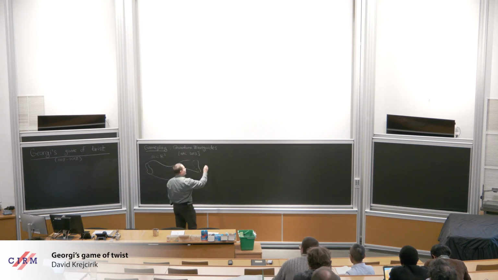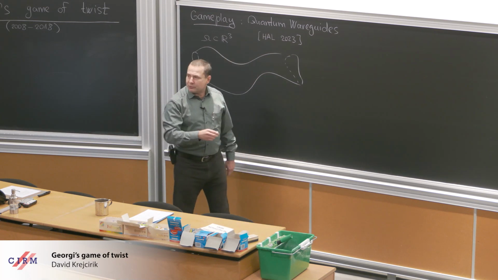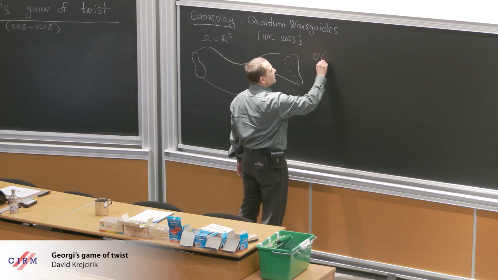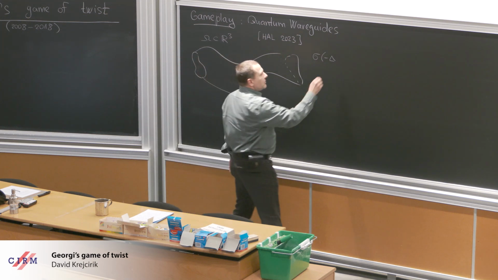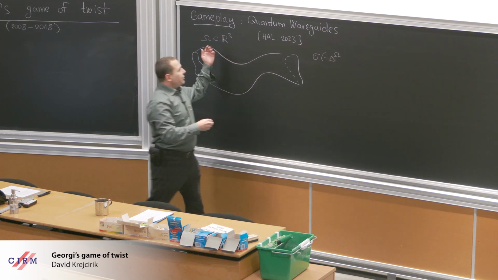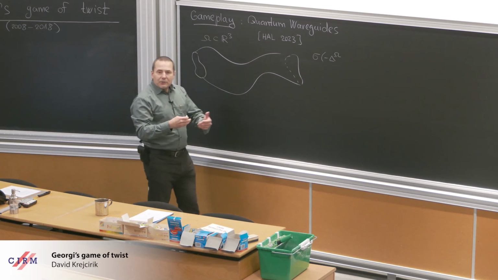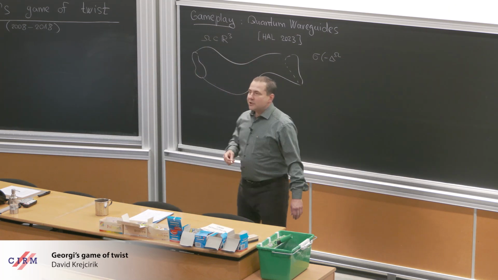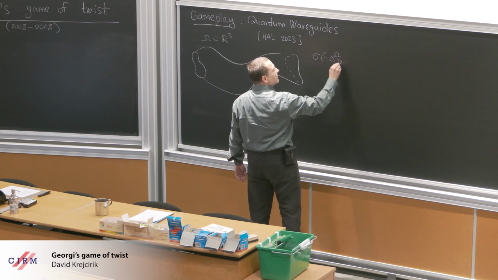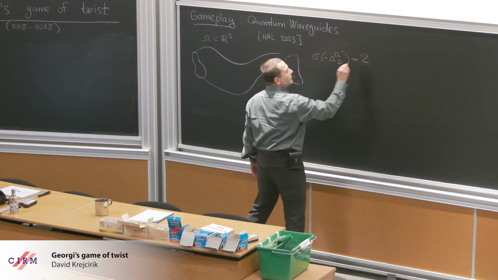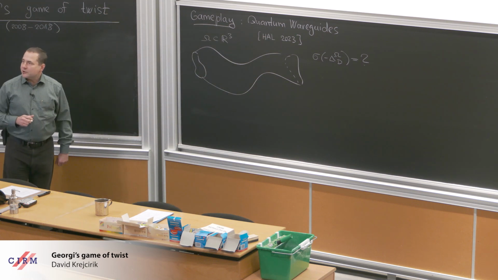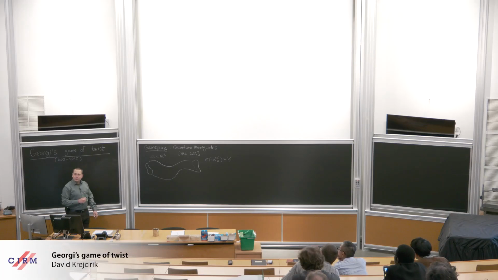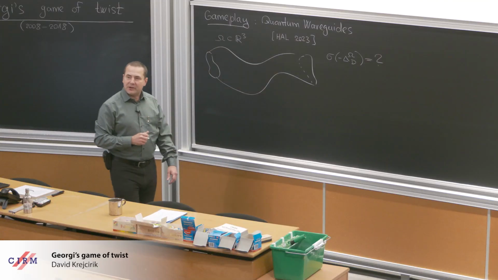And the question is, what's the spectrum? Of what? Of the Laplacian associated to such a domain. And for simplicity, let us take Dirichlet boundary conditions. So this is the general game. Given a geometry of such a tube, what's the spectrum of the Dirichlet Laplacian?